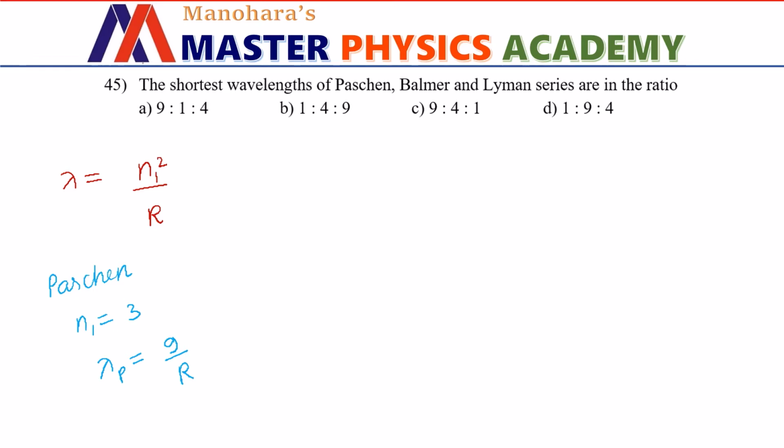And for Balmer series, n1 value will be equal to 2.